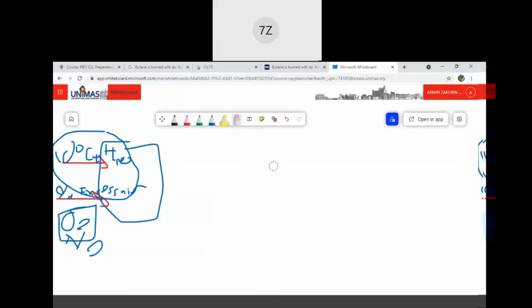Okay, next we need to find the mole of this composition. First we need to find the composition of the O2. So how do we find it? Based on the equation from Sonia, 13 over 2 of O2 is needed to completely balance the equation.